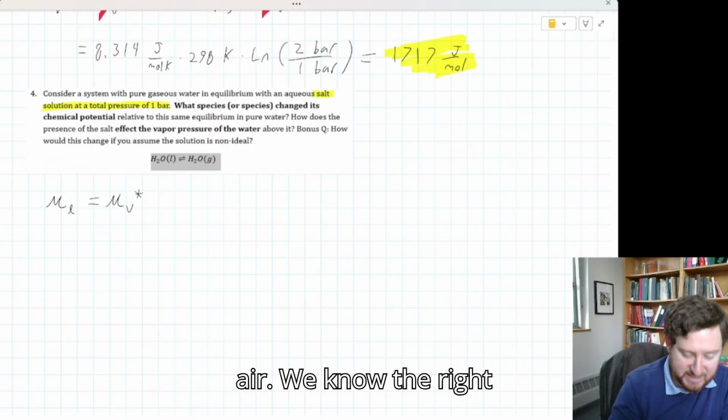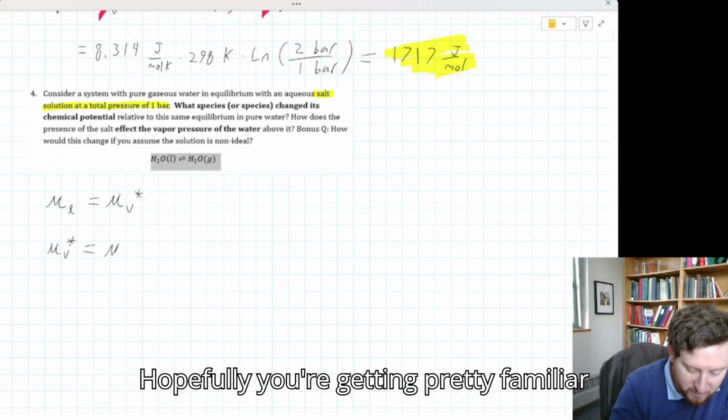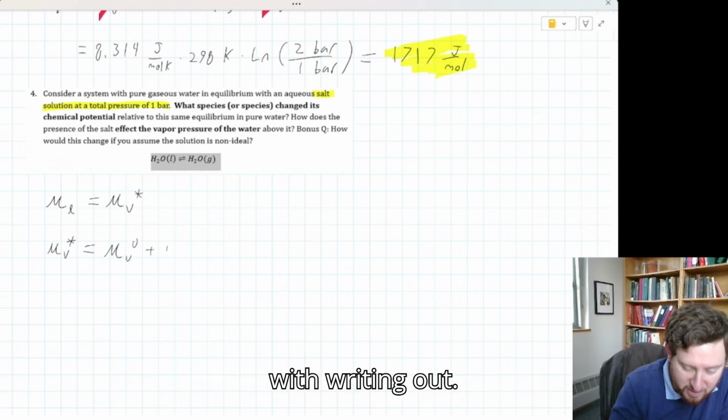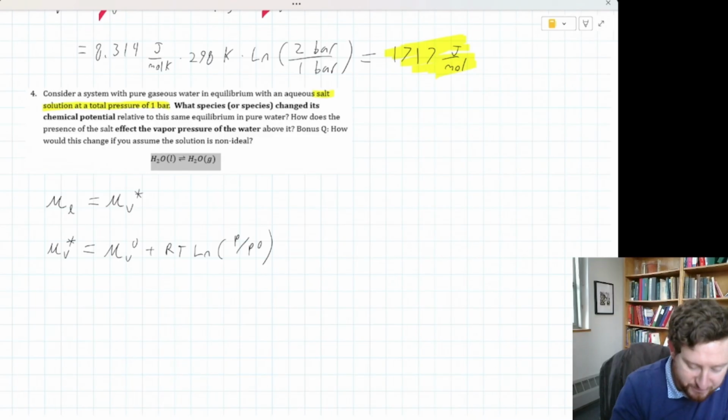We know the right-hand side. Hopefully, you're getting pretty familiar with writing out something like that. What is the chemical potential of the liquid, however?